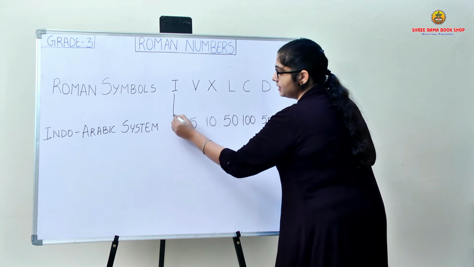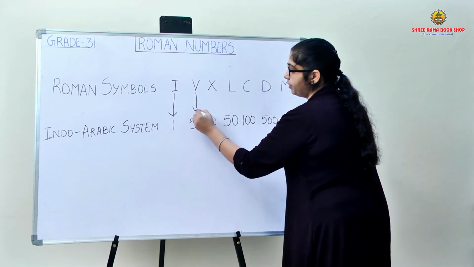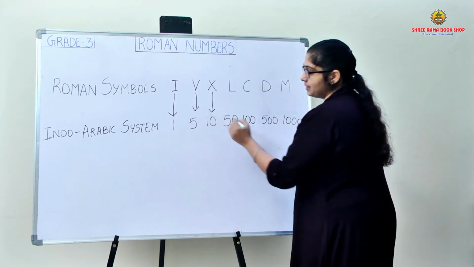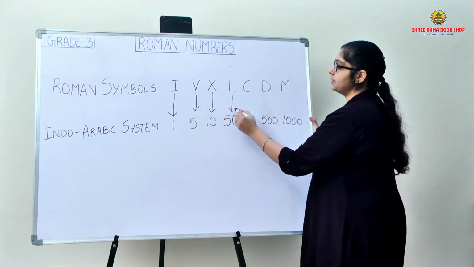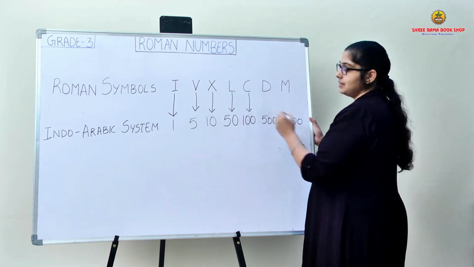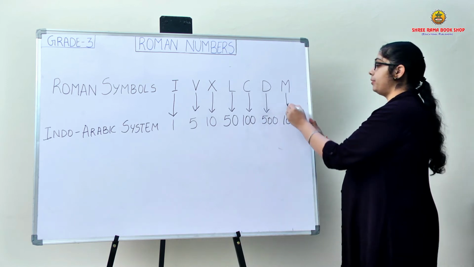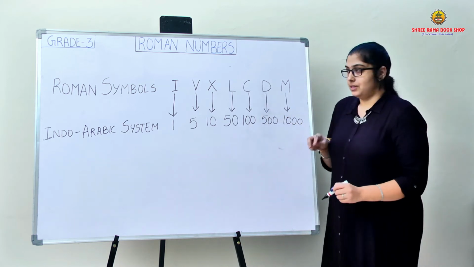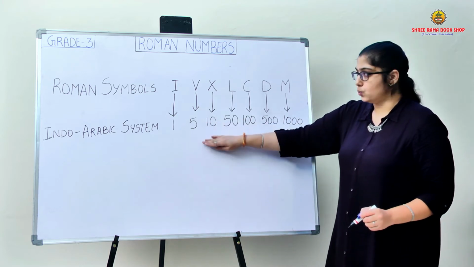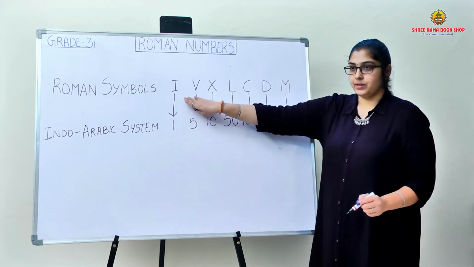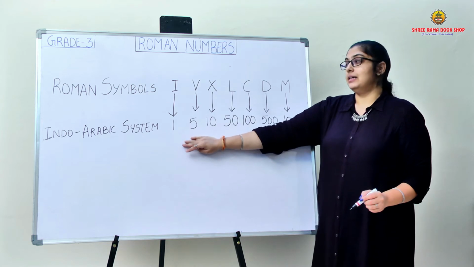I represents 1, V represents 5, X represents 10, L represents 50, C represents 100, D represents 500, and M represents 1000. This is how we use Roman symbols instead of Indo-Arabic numbers.